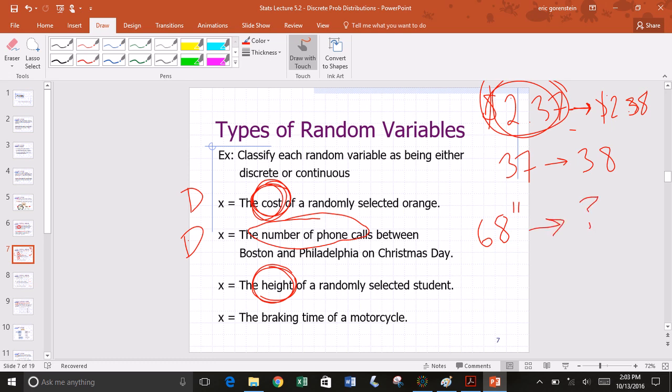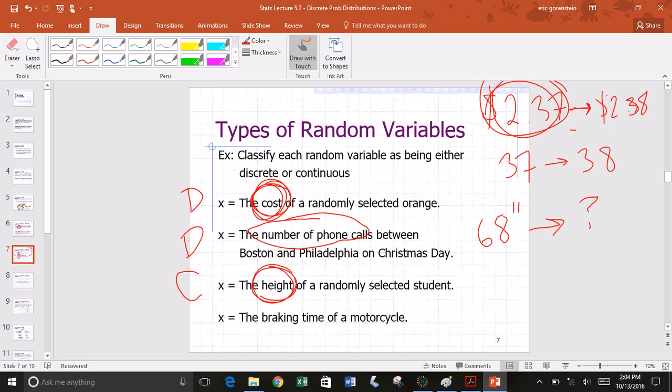Well, it's not 69, because you could be 68 and a half inches. It's not 68 and a half, because you could be 68.1, or 68.01, or 68.00001. So there is no next value after 68. So height is measurable. Height is a continuous random variable.